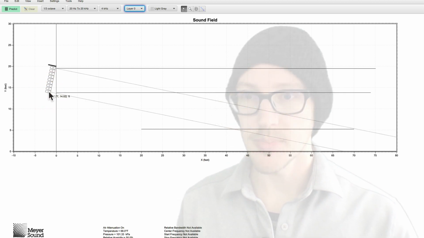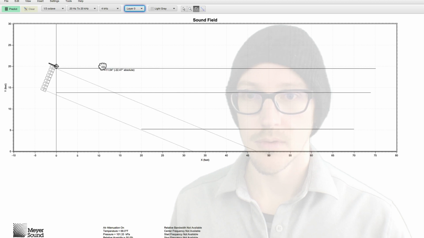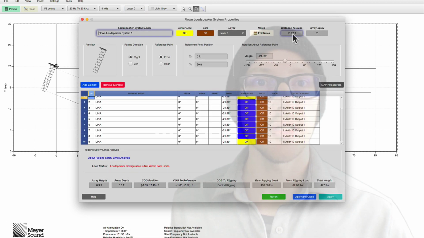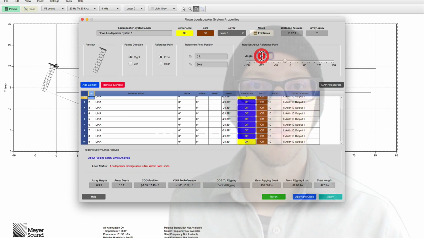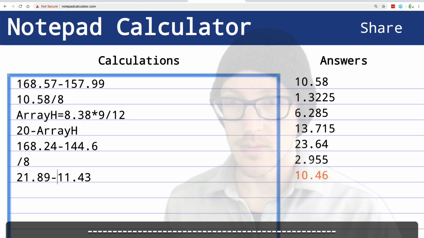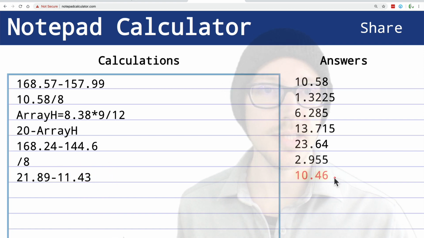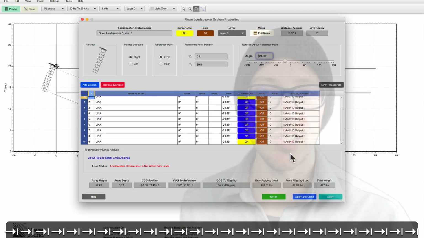So I'm going to keep aiming down, and look at this angle again, 21.89. So 21.89 minus 11.43 is 10.46. Very close to what we got up here, right, with our first calculation.